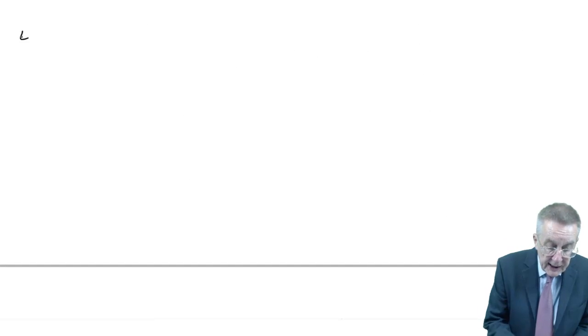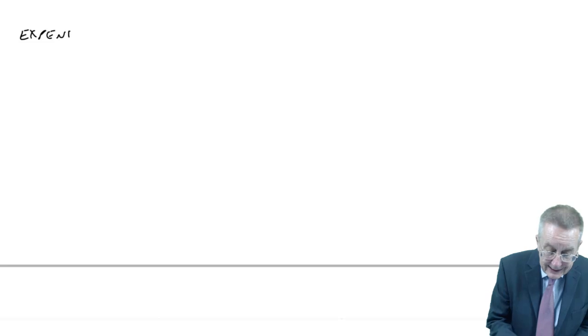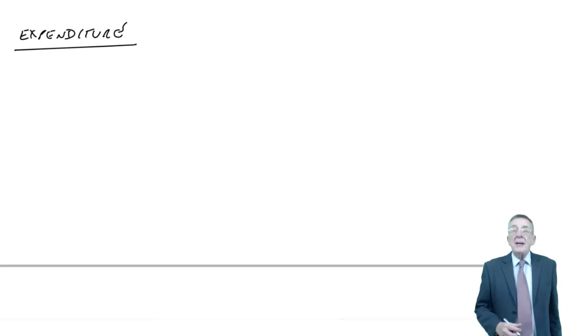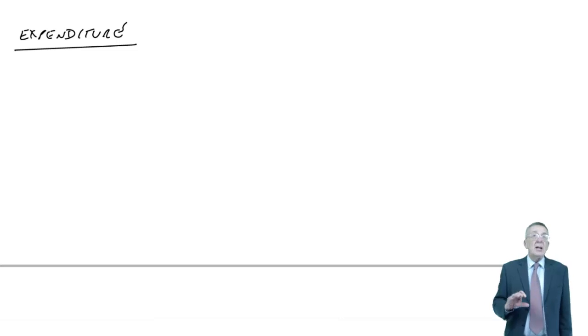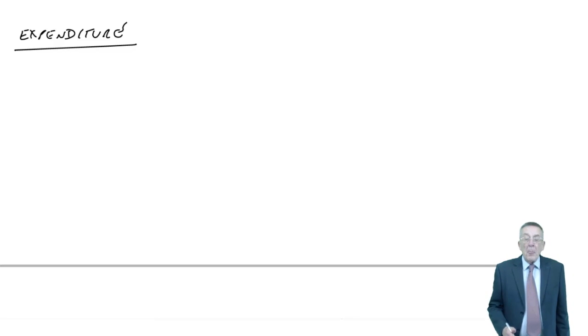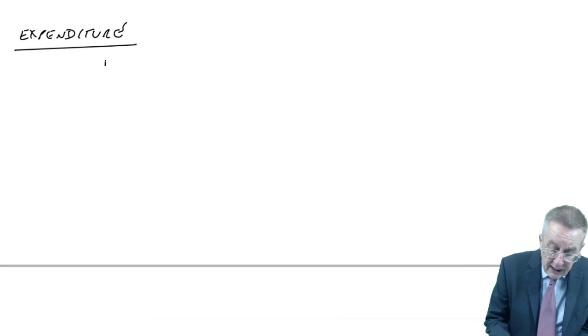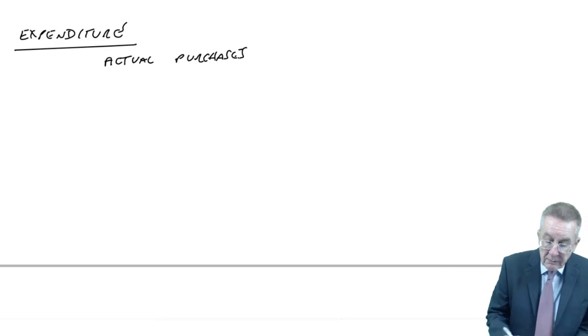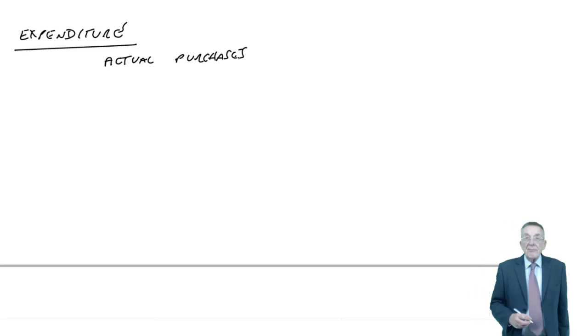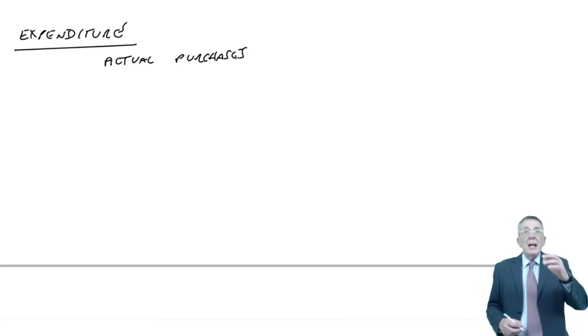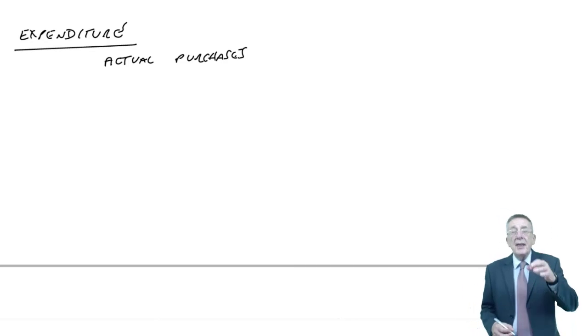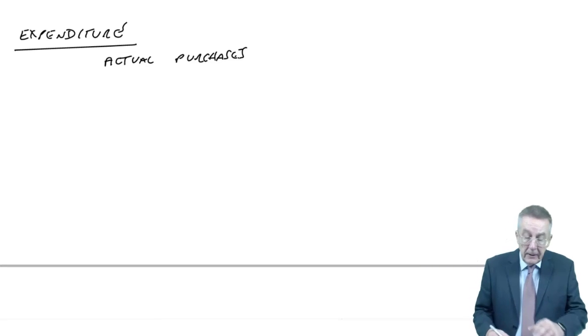First of all, I'm going to look at the price or the expenditure variance. Now, be patient with me. You'll see I set it out in columns effectively. For the expenditure variance, we're going to take our actual purchases and compare how much we actually paid with how much we should have paid.